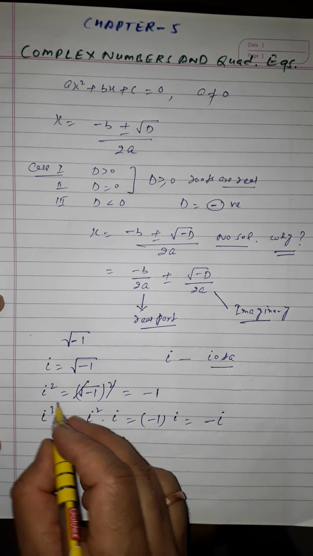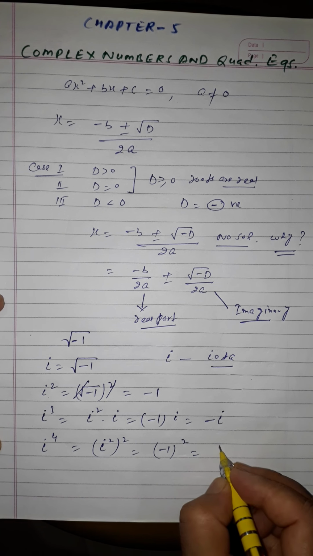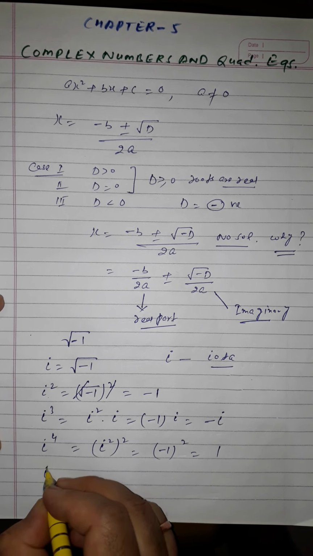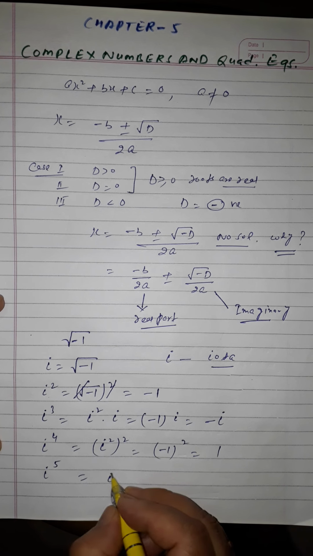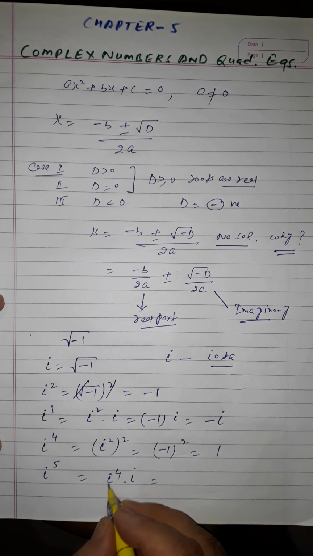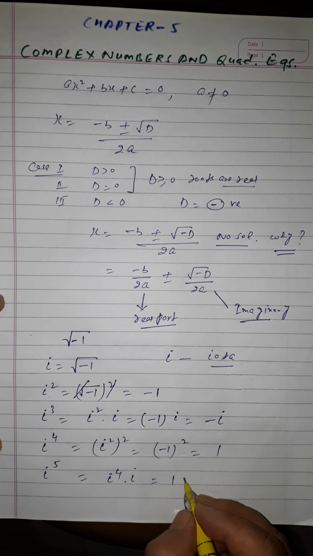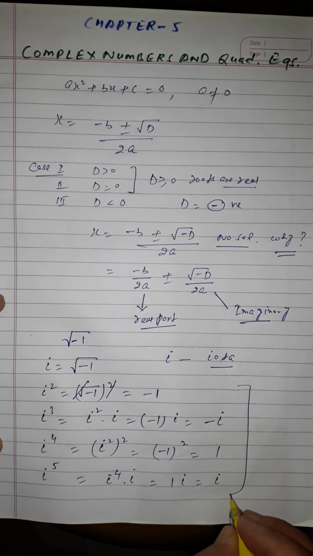We know iota square is minus 1, and its square comes as 1. In the same way, iota to the power 5 is iota to the power 4 into iota, that is 1 into iota, which is equal to iota.